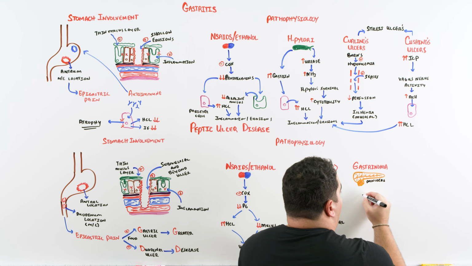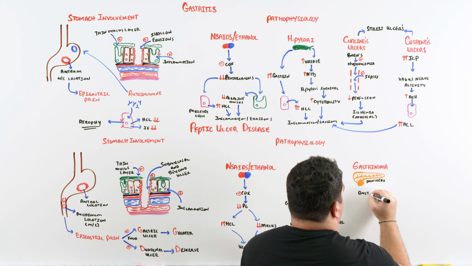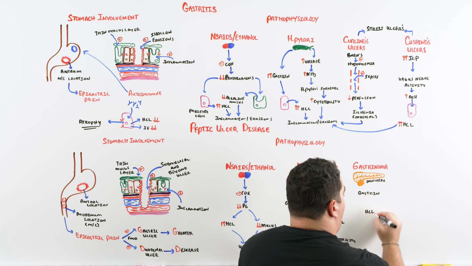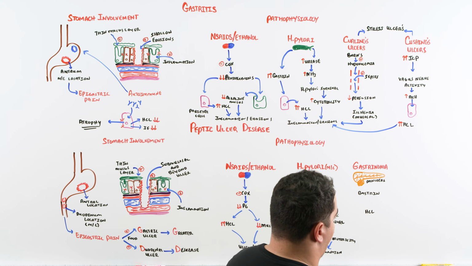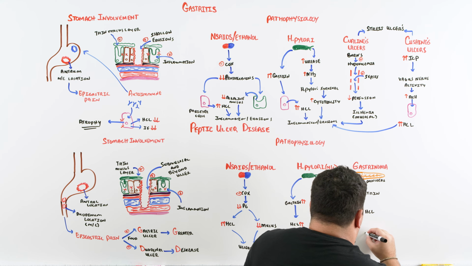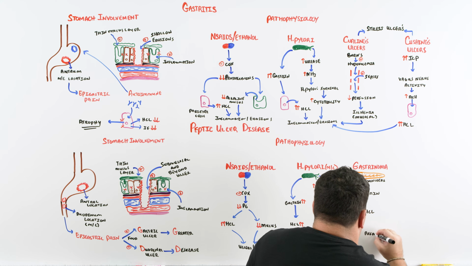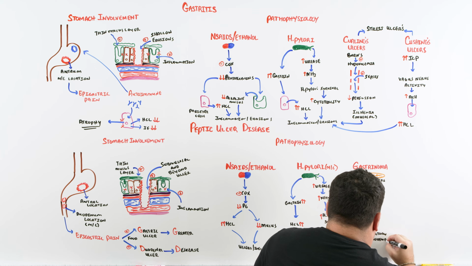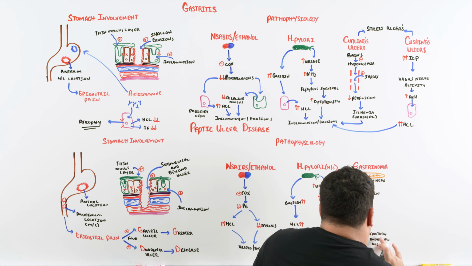And what this thing does is it pumps out tons of gastrin. This gastrin will act on a bunch of different cells like parietal cells and pump up a ton of hydrochloric acid. That hydrochloric acid will lead to refractory duodenal ulcers and inflammation.